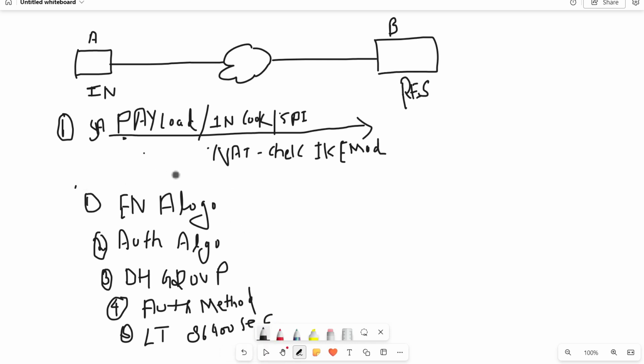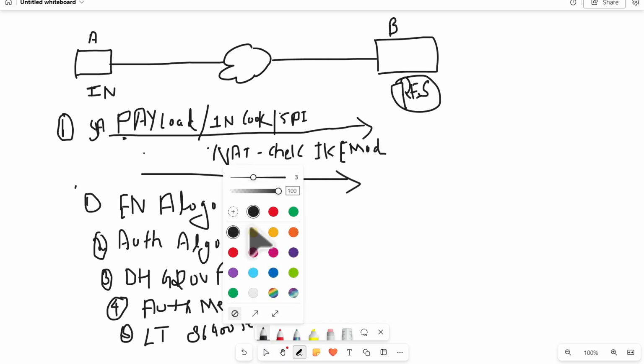All this information will be sent to the responder, and on the responder side, the responder will also send this information. We are also sending the initiator cookie.